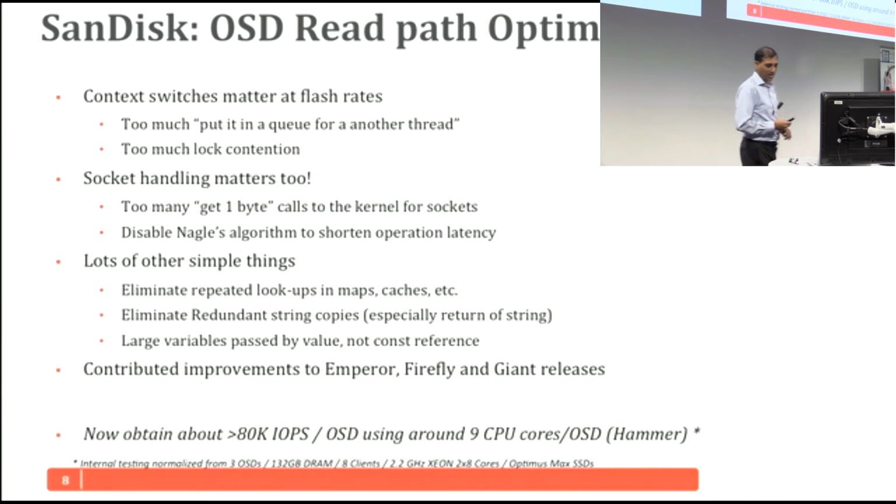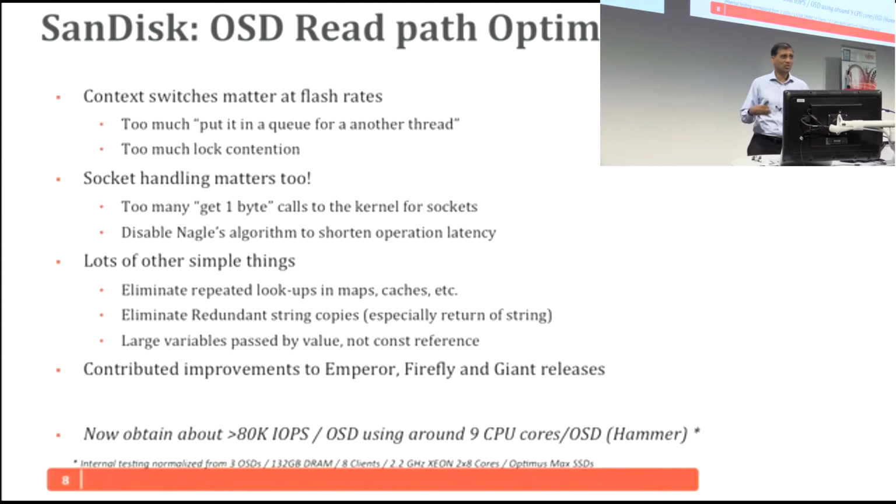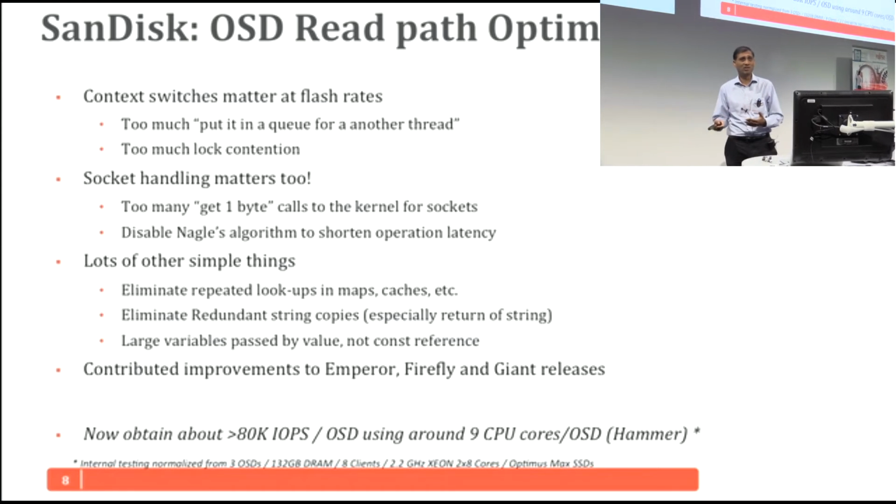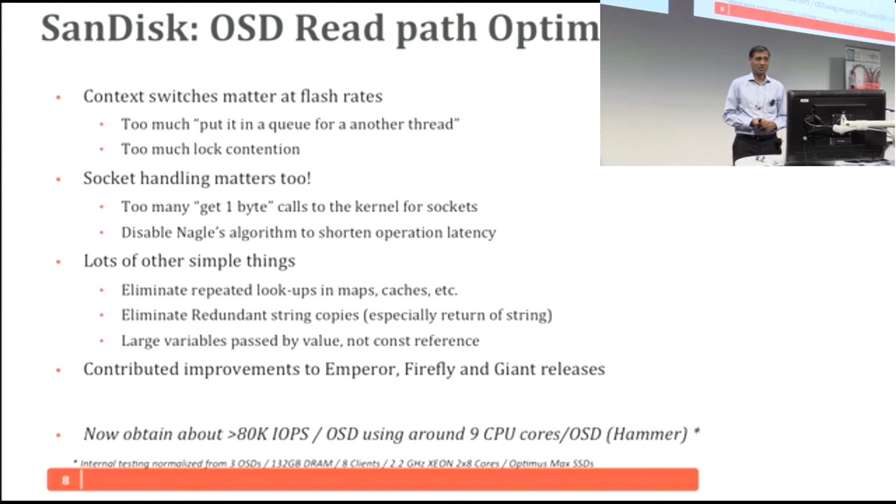So on the read side, what we found out is that there's a lot of context switching that happens in Ceph. And that did not matter much when you're using hard drives because the latencies of hard drives are pretty high. So no matter how much context switching is happening, it didn't matter. But when you put it on a low latency media like flash, that becomes very expensive.